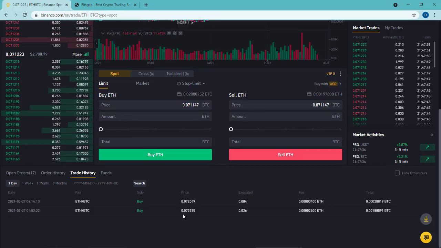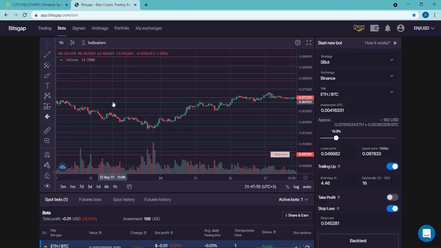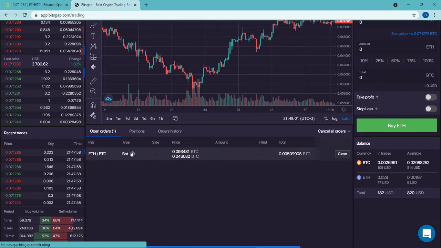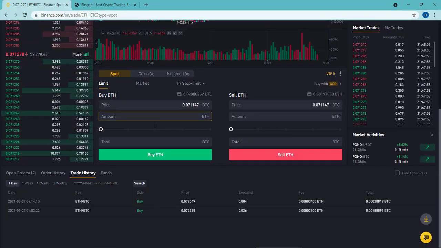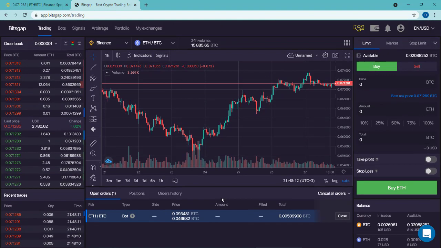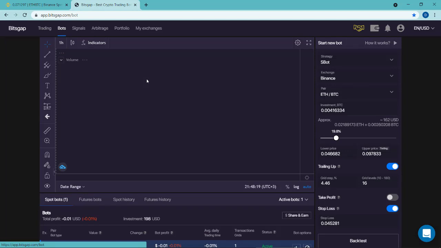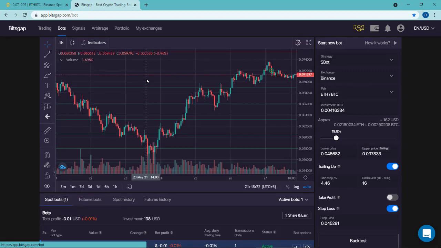So all the trades are actually in Binance. And what we just see in the platform, even in the trading section, is showing us what trades we've got in Binance. But really, my money's in Binance, and the trading is being done in Binance. So this is a little introduction to explain a little bit about the Bitsgap trading platform in order to understand what is going on.